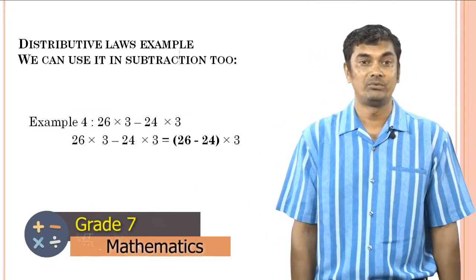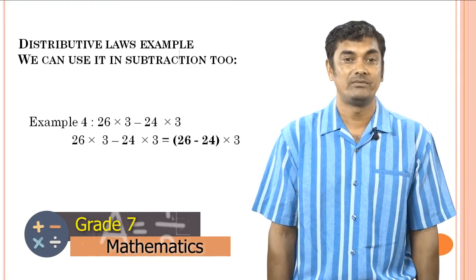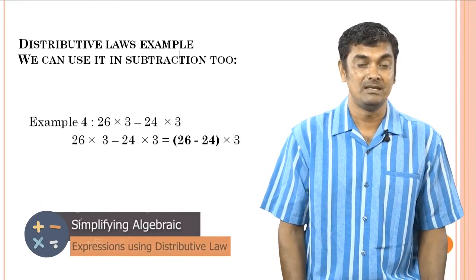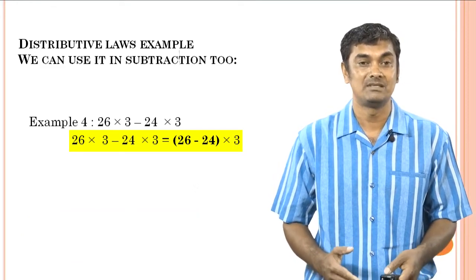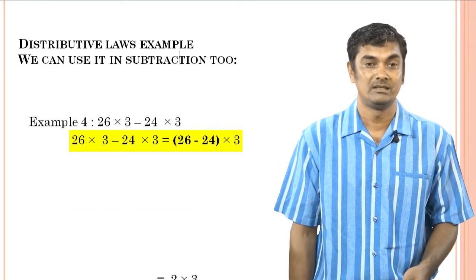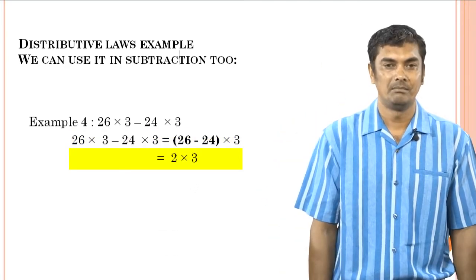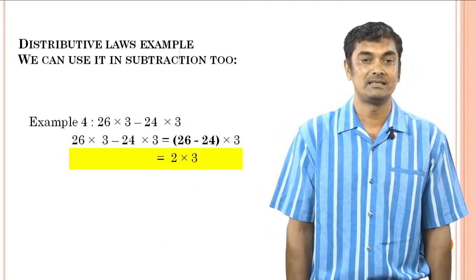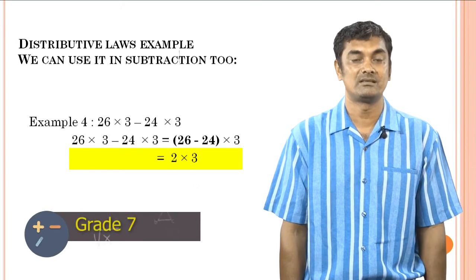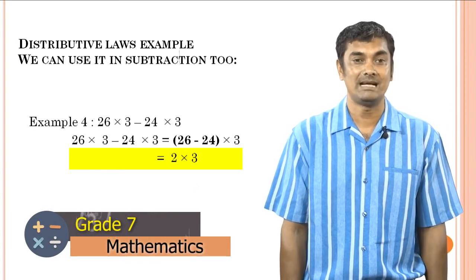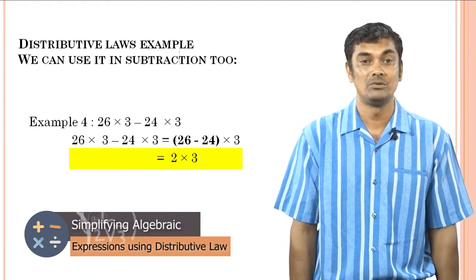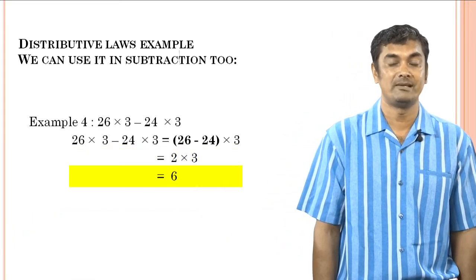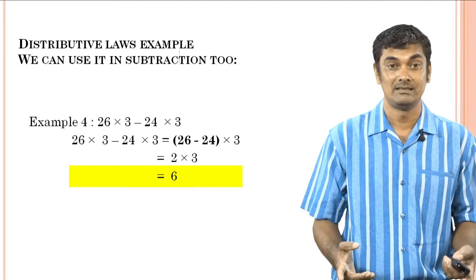Another written form of 26 times 3 minus 24 times 3 can be (26 minus 24) times the common factor of 3. In simplifying the bracket by BODMAS, 26 minus 24 would have given us 2 times the common factor of the original terms, which would have been 3. Hence, the solution for 26 times 3 minus 24 times 3 would have been 6.